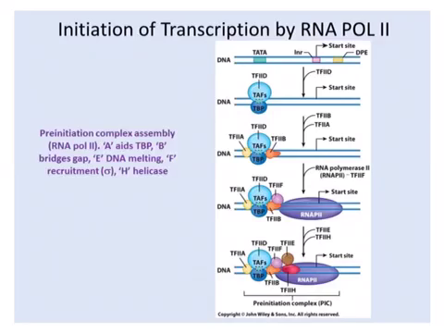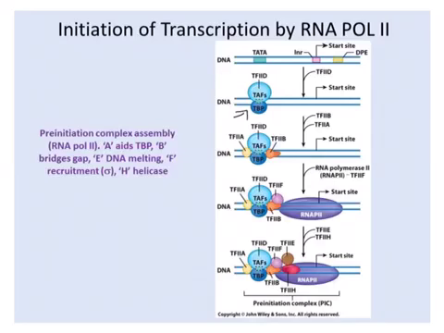So the first one to bind is thought to be transcription factor 2D, and it binds at what's called the TATA binding site, TATA box, and you can see it has a special subunit that's called TBP, which is thought to be a TATA binding protein.